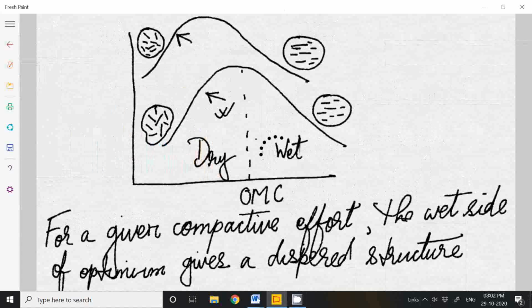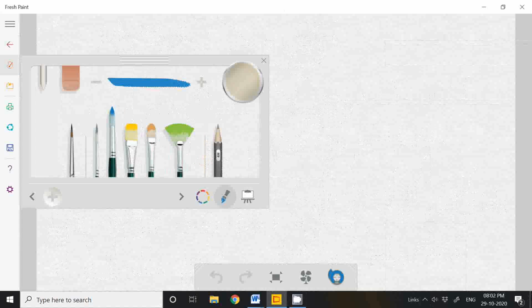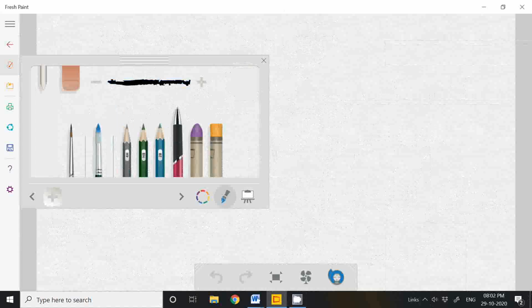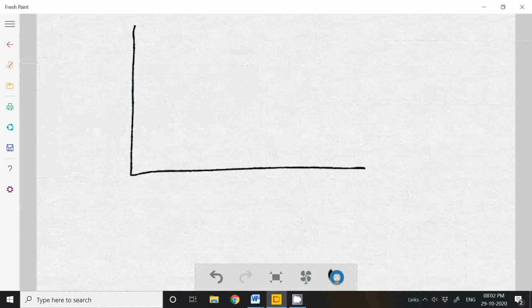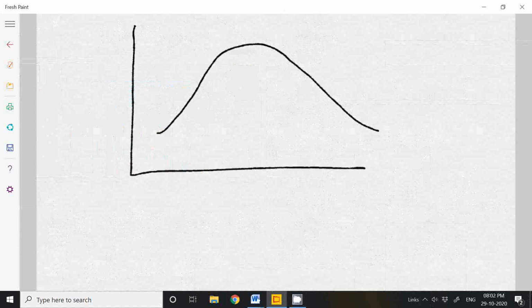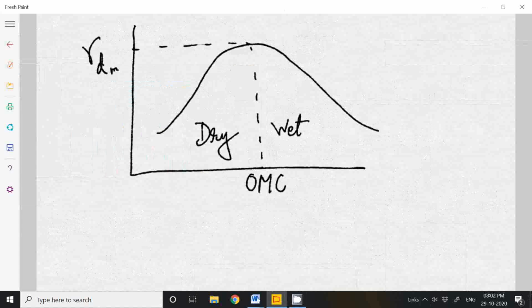Now if I talk about how the permeability of the soil sample gets affected, suppose this one was the thing that we are talking about: dry side, wet side, optimum moisture content, maximum dry unit weight.